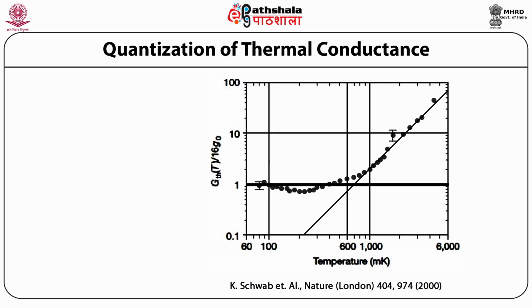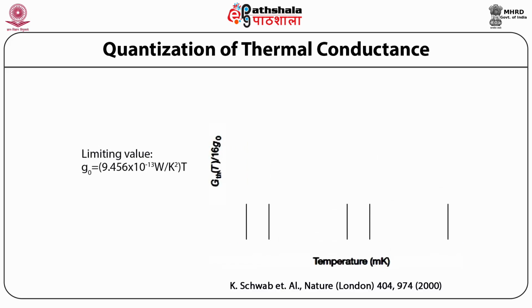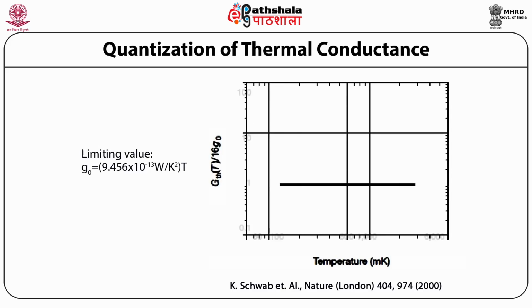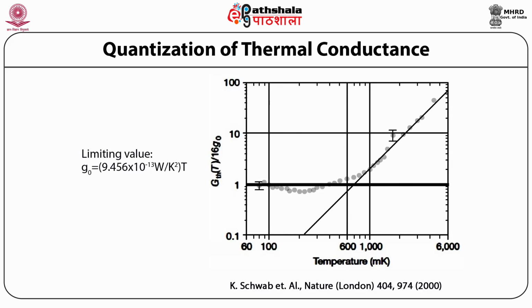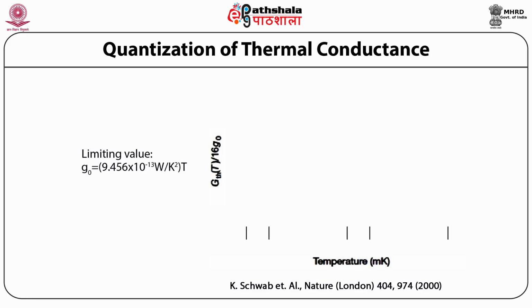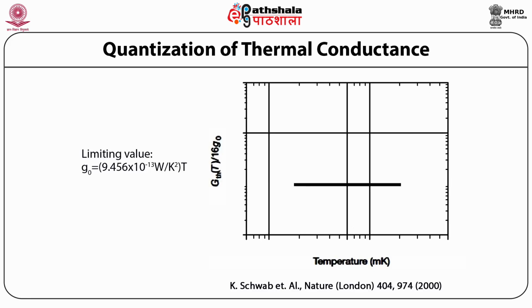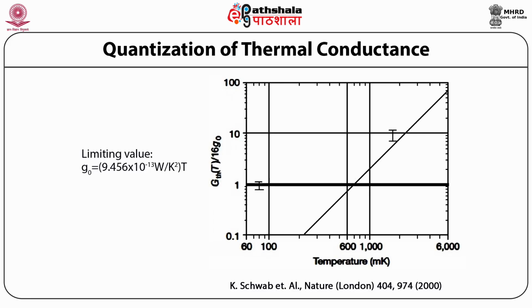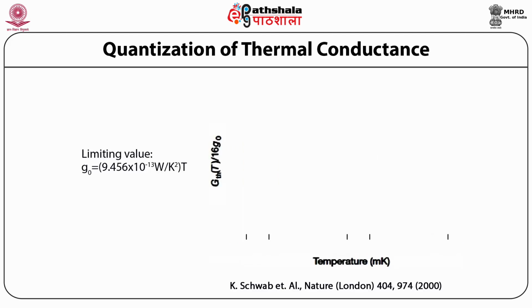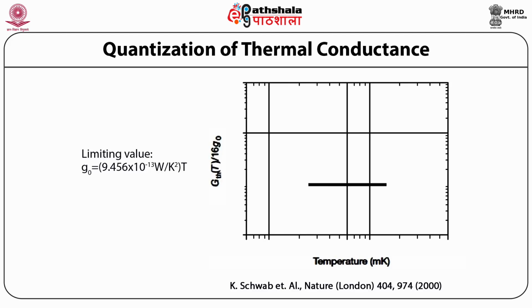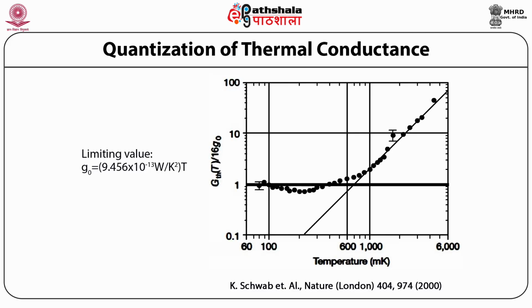So thermal conductance has the limiting value G naught equal to 9.456 multiplied by 10 to the power minus 13 watt per K squared times T. This shows the quantization of thermal conductance for temperatures above T_CO.